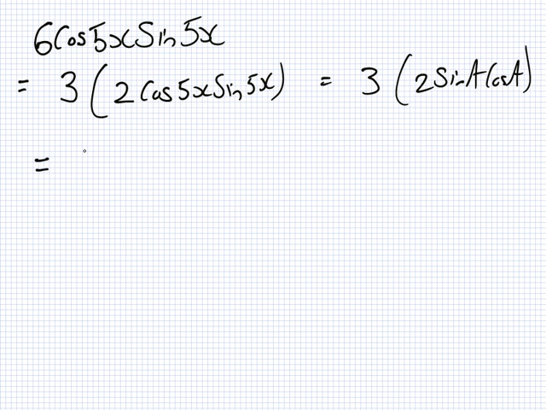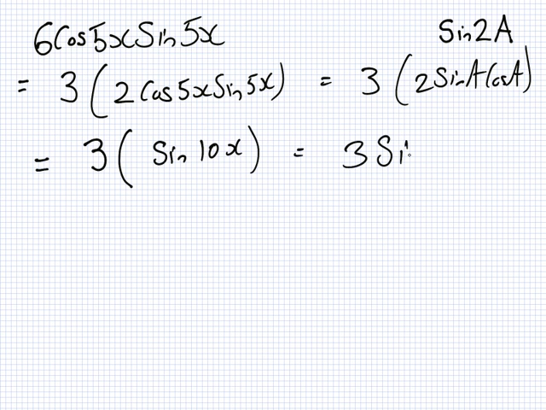What is it? Sine 2A. It was the double angle rule. So this will be sine 10x. So in other words, this is 3 sine 10x. Okay, well that was kind of an easy one.